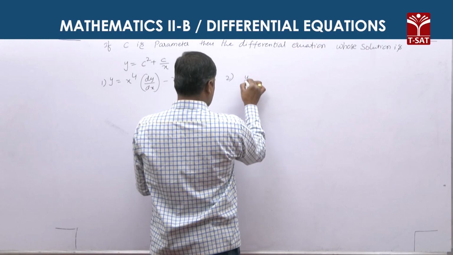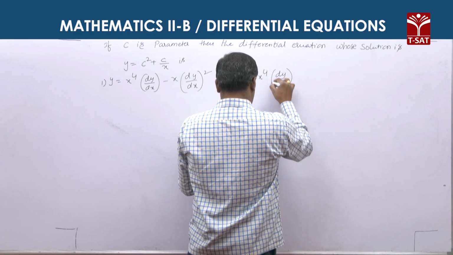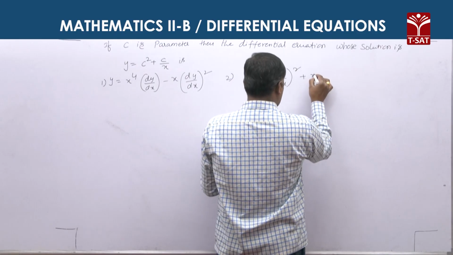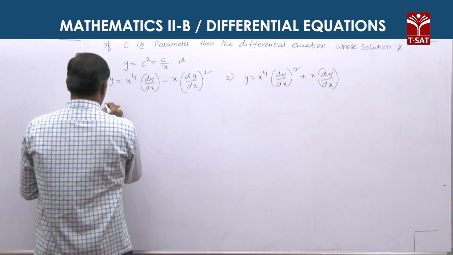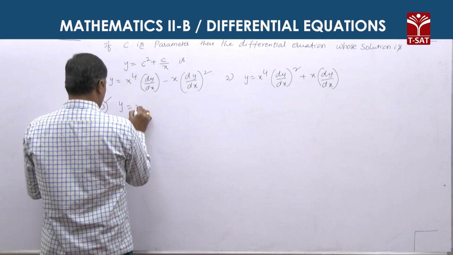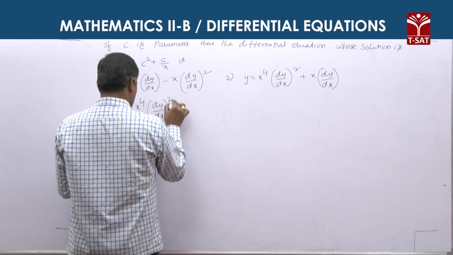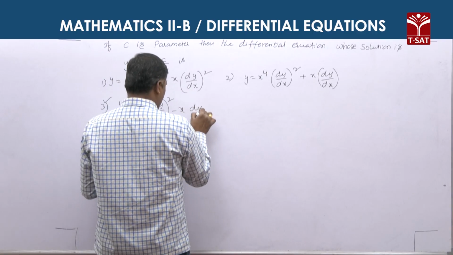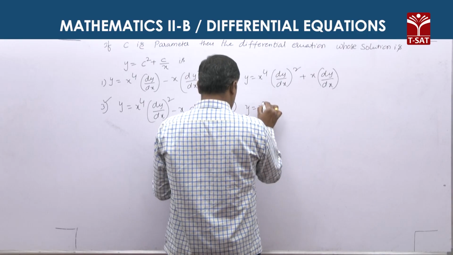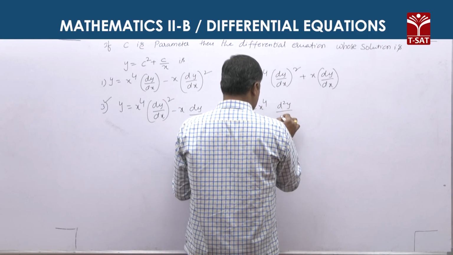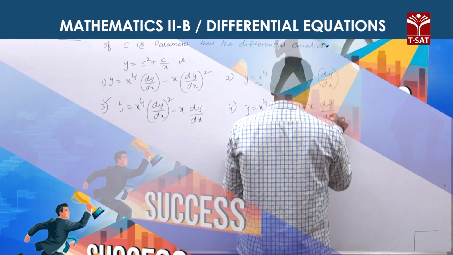Second option, y is equal to x power 4 into dy by dx whole square plus x into dy by dx. Third option, y is equal to x power 4 into dy by dx whole square minus x into dy by dx. Fourth option, y is equal to x power 4 into d square y by dx square minus x into dy by dx.